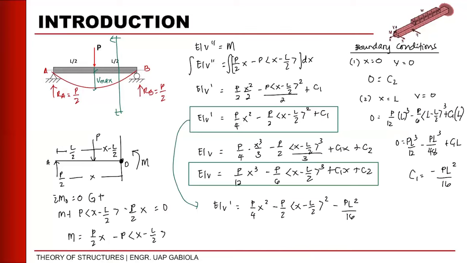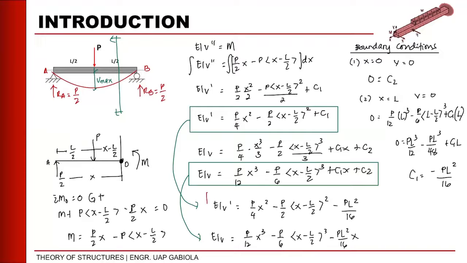For our deflection equation, we have EIV is equals to P over 12 x cubed minus P over 6 x minus L over 2 cubed minus PL squared over 16 x. So this will be our deflection equation.